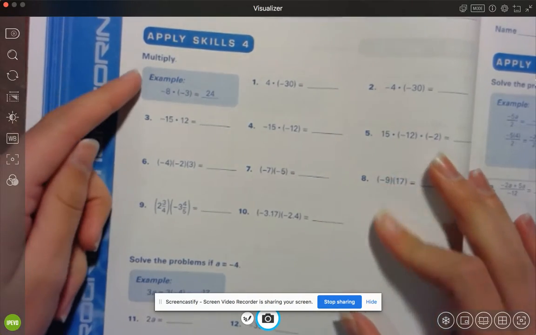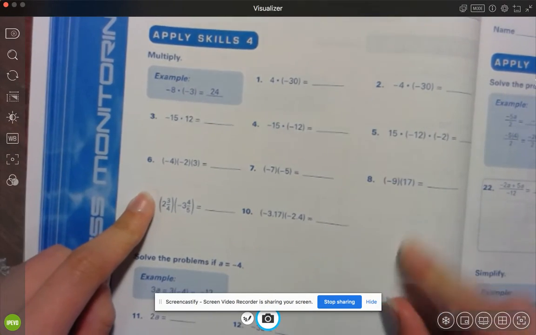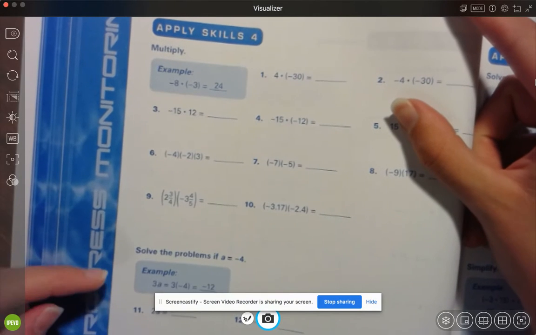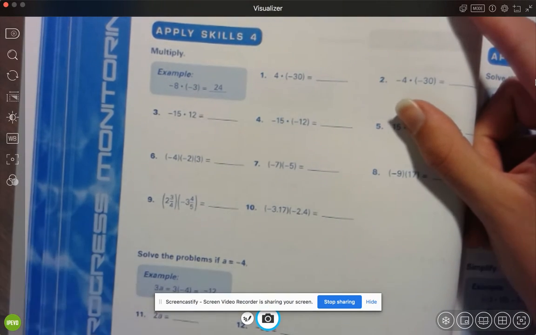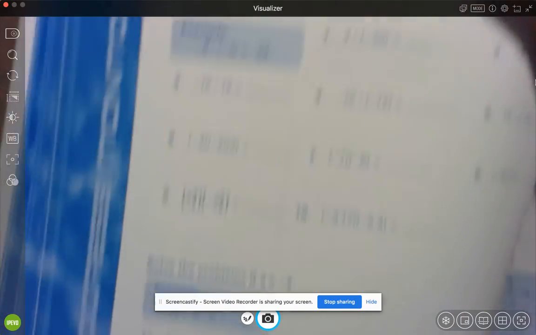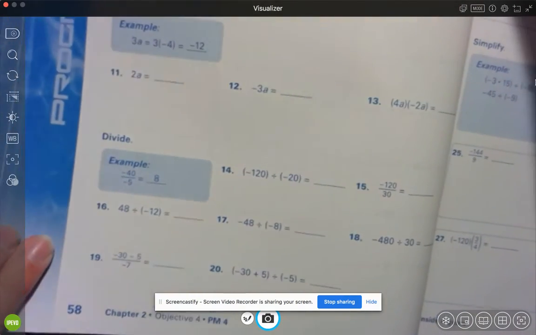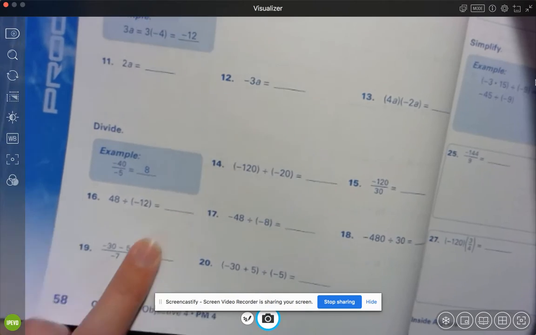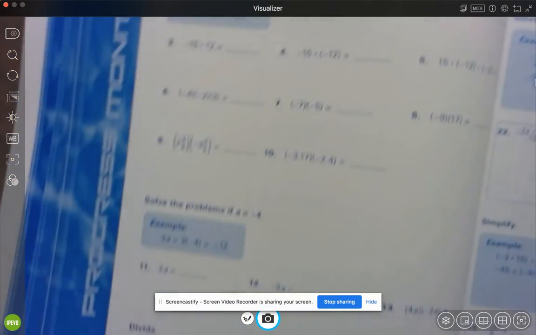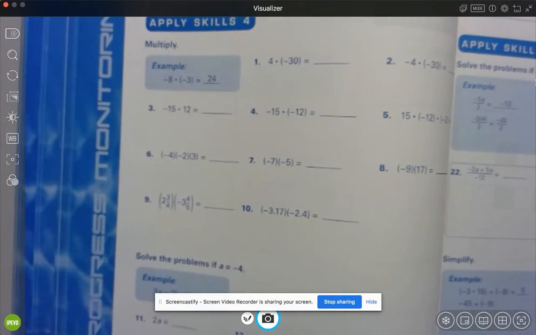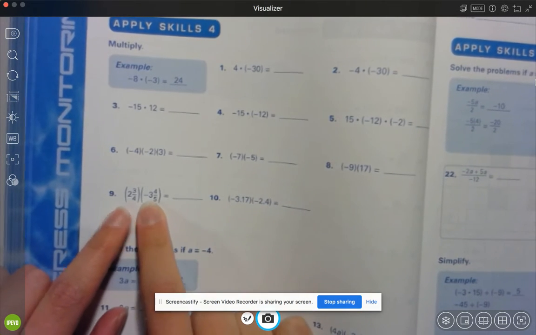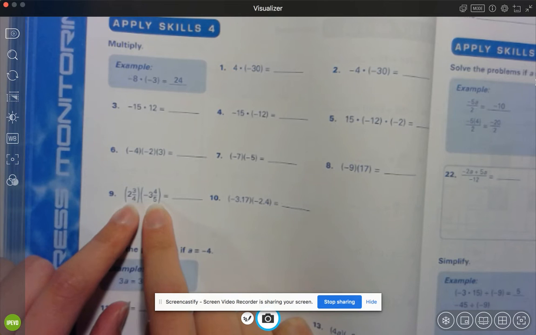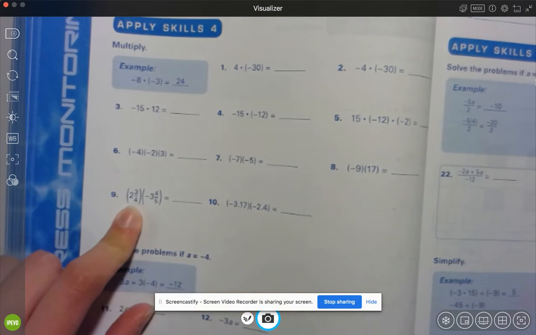So it'll have you doing some multiplication, and it will have you do some substituting of values, and it'll also have you dividing as well. Remember the order of operations while you're doing this. One thing I want to look at together is number 9, okay?